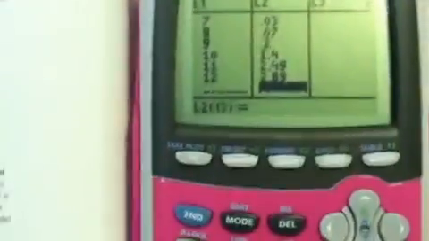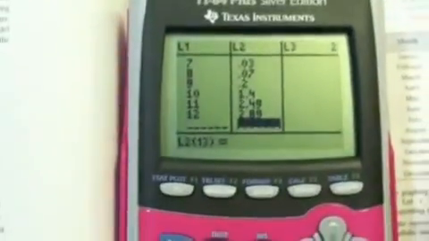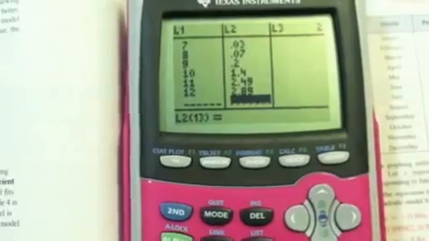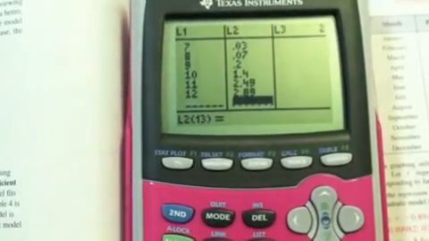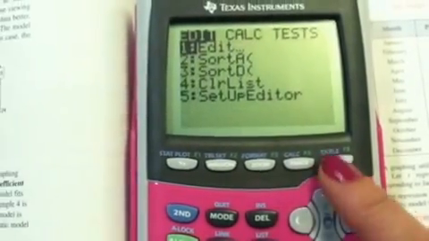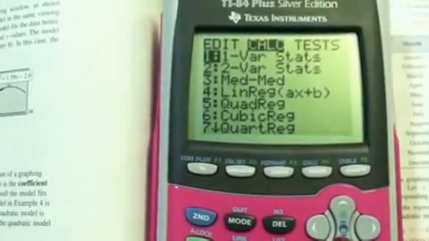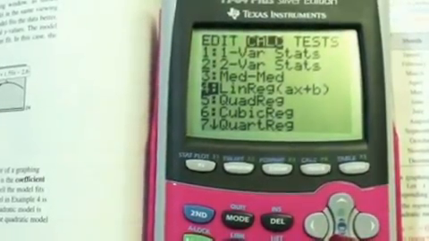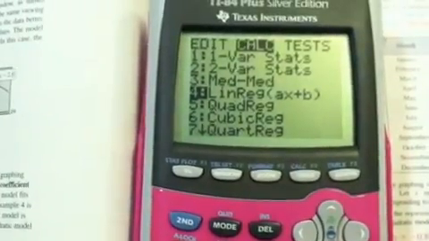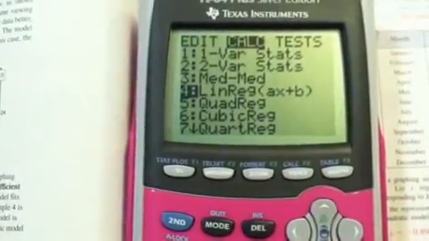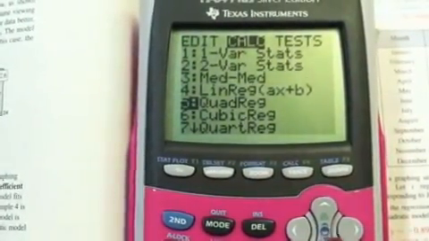Now that I've got my list, this is where we really start making the magic happen. We go to stat, over to calculate. Before we did number 4, the linear regression, we already looked at the data and said, nope, this is not going to be a line. So I'm going to go to quadratic regression.